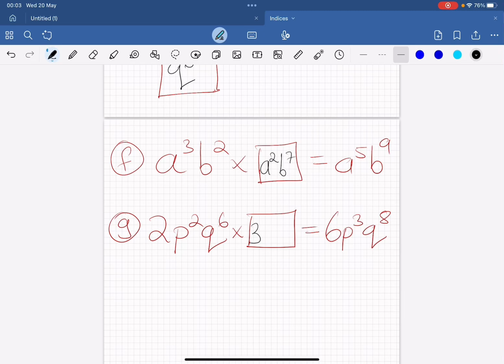And then next, I'm going to examine the p. On the left-hand side, I have 2 and on the right this is 3, which means that there's an additional p because you add since it's multiplication. And then next we have q to the power 6. And to make it q to the power 8, obviously this has to be q to the power 2 because 6 plus 2 is 8.